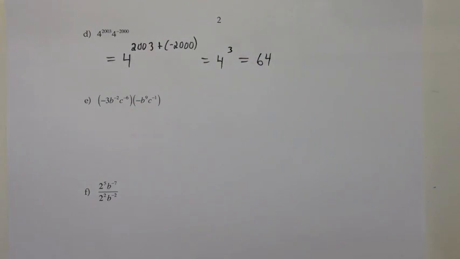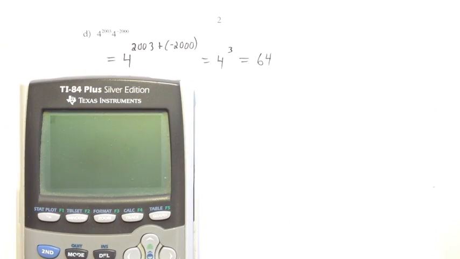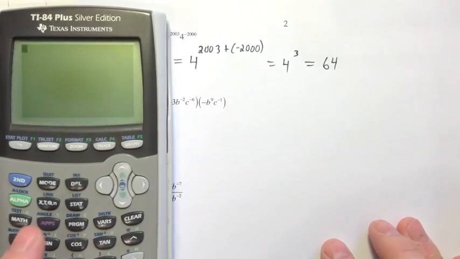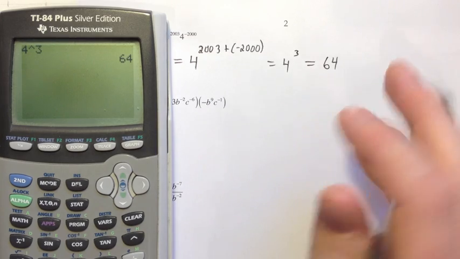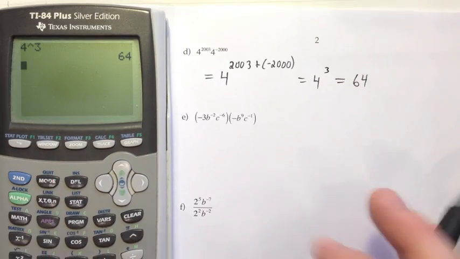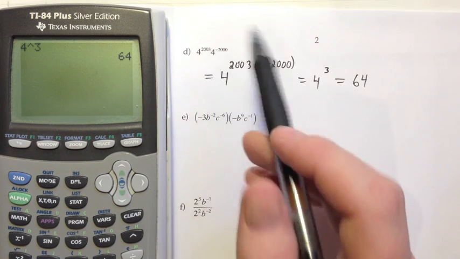And just a couple things here I want to show you with the calculator. One of them is just a quick check on that last piece. This is our exponent key right here. So I can do 4 raised to the third and get 64 and see that that's right. But I want to show you that we actually had to use those exponent rules, because maybe you would have been tempted to just put the whole thing in the calculator.